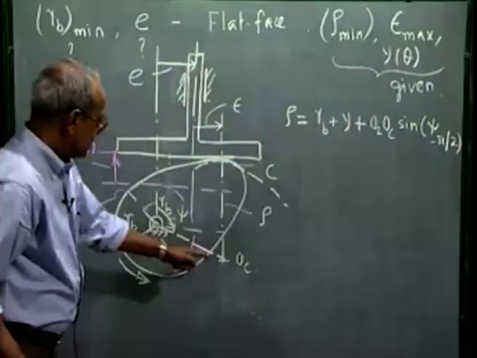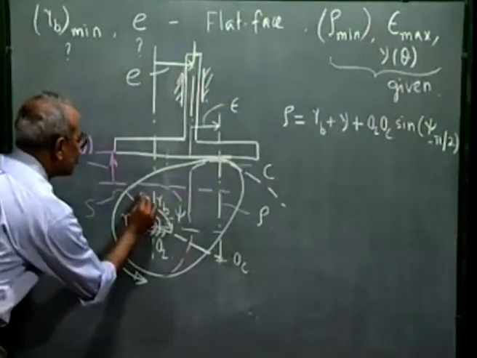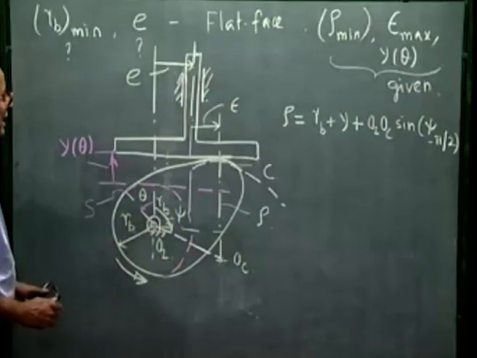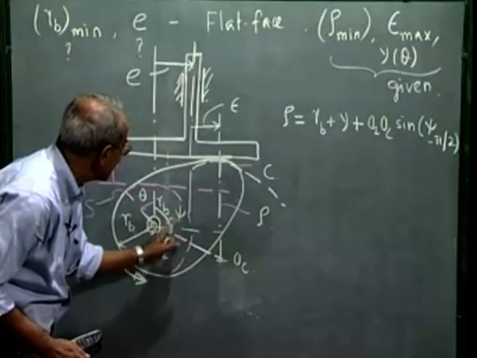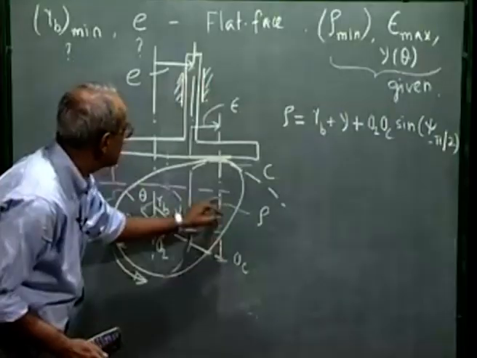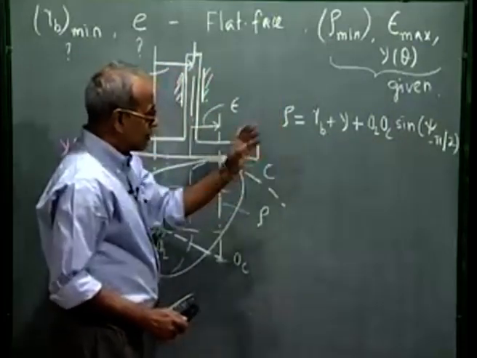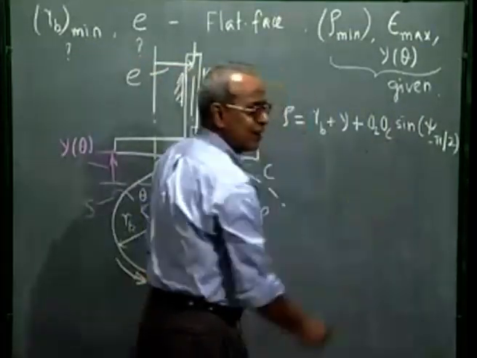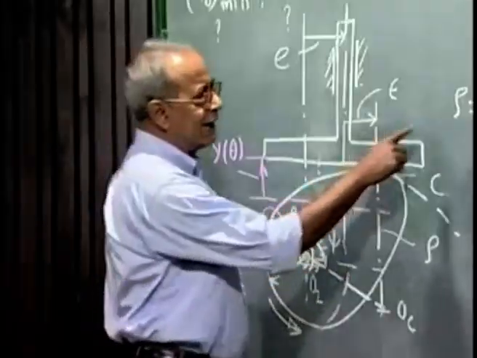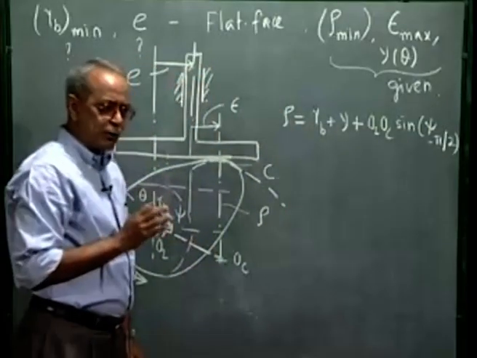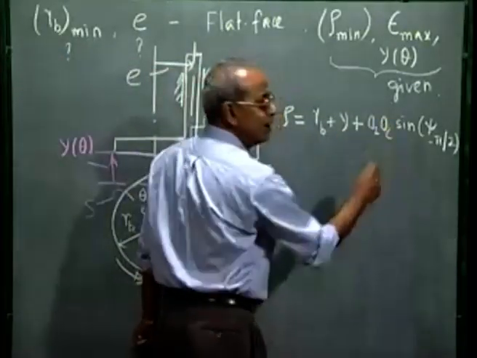Let me repeat. The radius of curvature at this particular instant when the cam has rotated through an angle theta, is this distance which is O2OC sine of this angle, and this angle is psi minus pi by 2, plus RB plus Y. Now this expression is true, rho does not change or O2OC does not change for 3 infinitesimally separated time instants, which means I can differentiate this expression once and up to twice, assuming rho and O2OC to be constant.